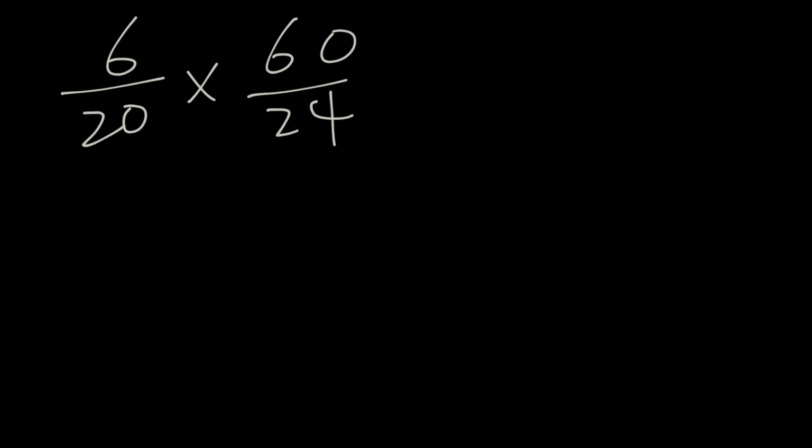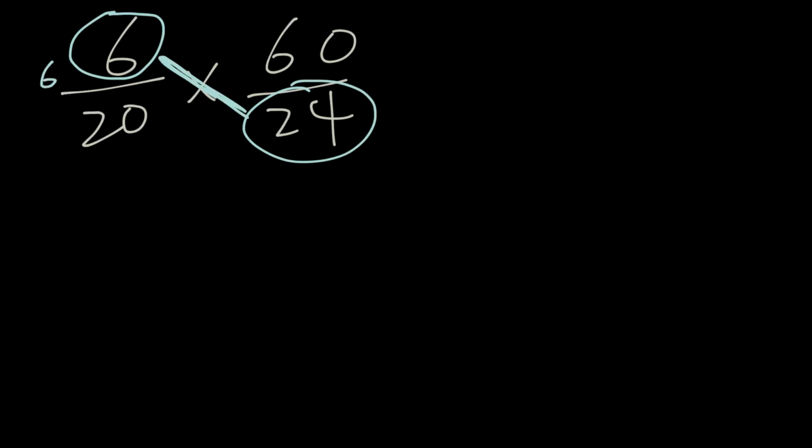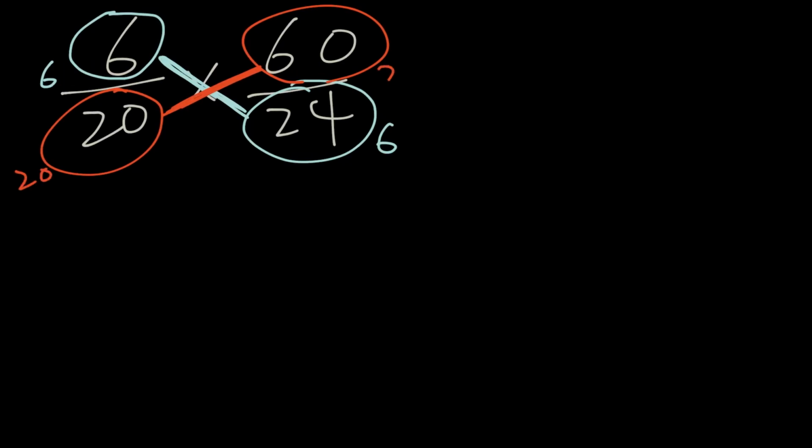By looking at this question, we can see that 6 and 24 are both divisible by 6. And the 60 and 20, they're both divisible by 20. Now that we have the setup ready, we'll go ahead and simplify before we multiply.